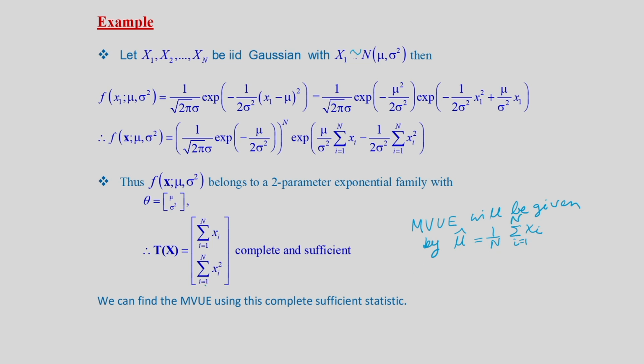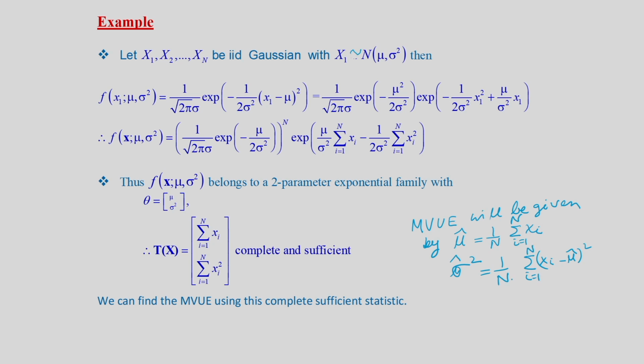And for the other one, we can show that this function will be given by sigma hat square estimate, that will be equal to 1 by n into summation xi minus mu hat whole square, i going from 1 to n.